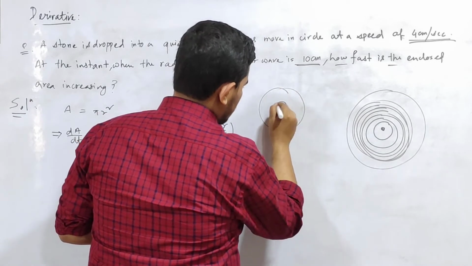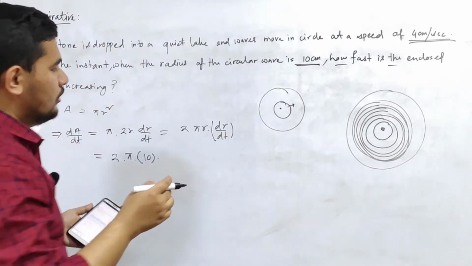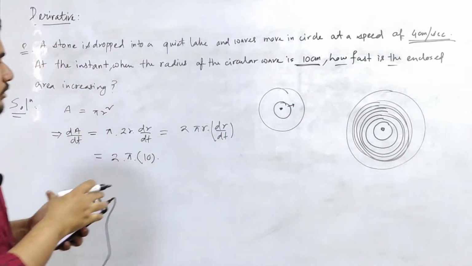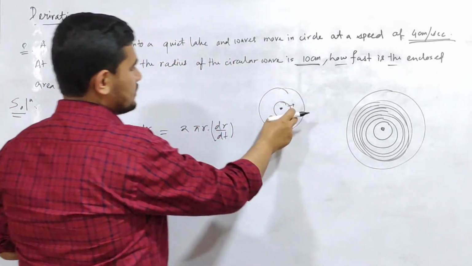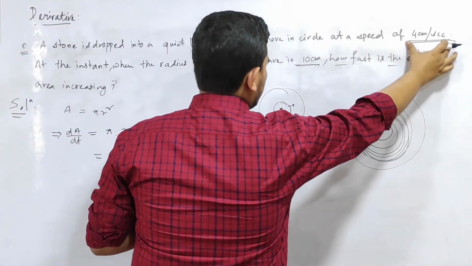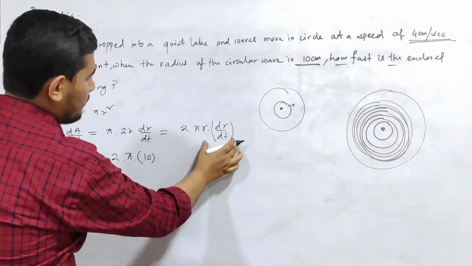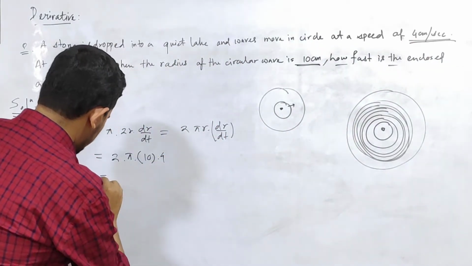So dr by dt: this is a circle, and the circle will move outward radially, and the radial speed of this wave is given as 4 centimeter per second, which is dr by dt. So dr by dt is equal to 4 centimeter, so we put in 4 centimeter.